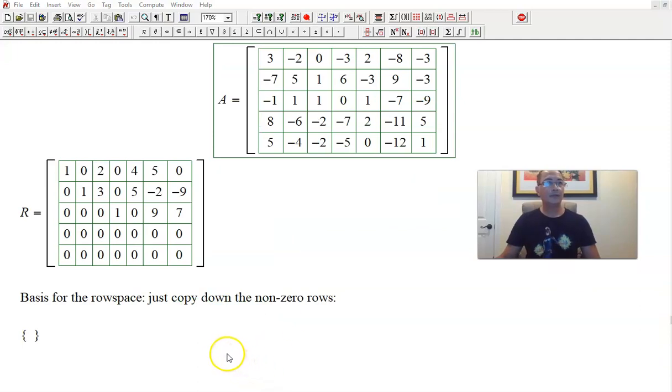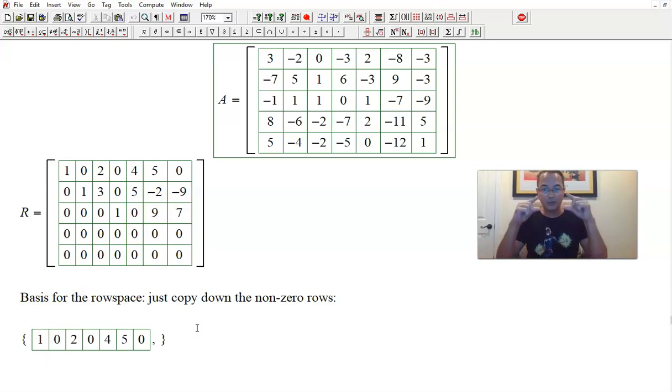Let's start with the easiest subspace, which is the row space. There's hardly any thinking involved. Just copy down the non-zero rows from the REF. To save time, I'm just going to extract each row as a row matrix. I'm not going to put it in the usual vector notation.